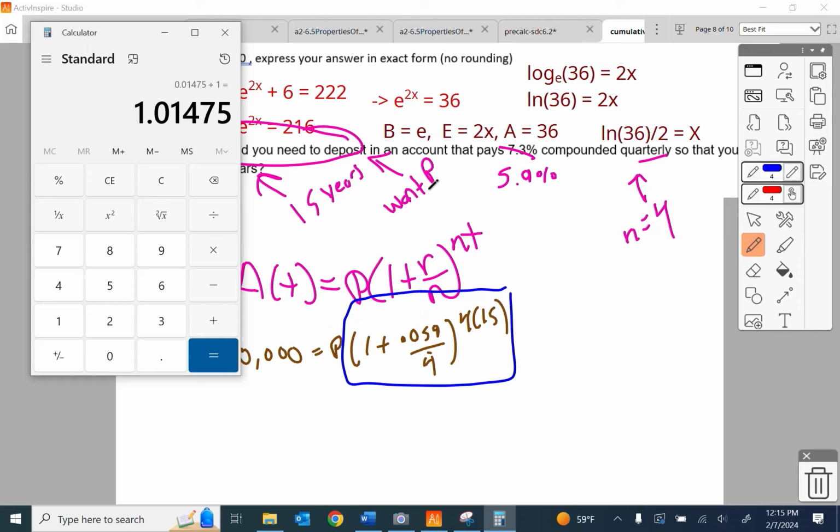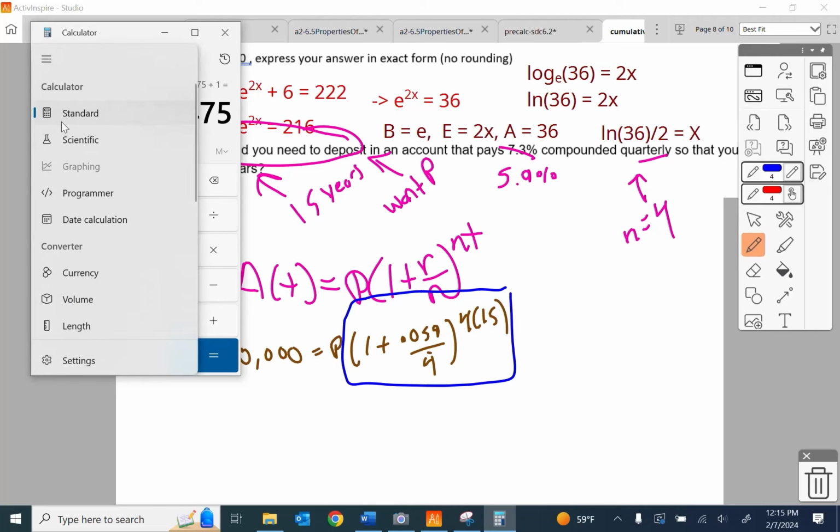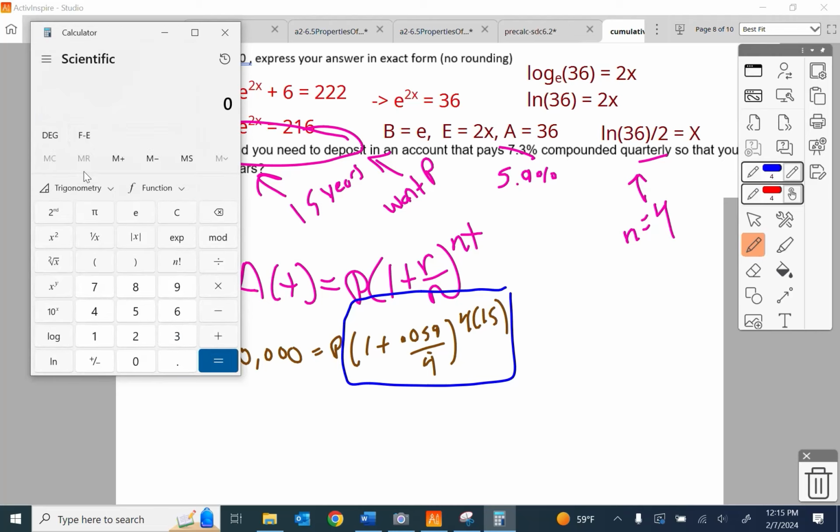Now, 4 times 15 is 60. So I'm going to raise it to the 60th power. Oh, this thing won't do it, will it? Well, bummer.